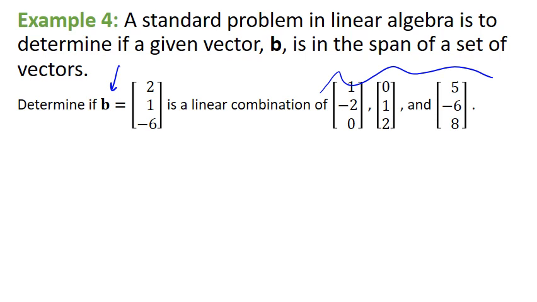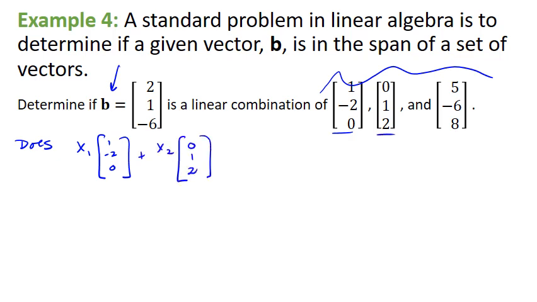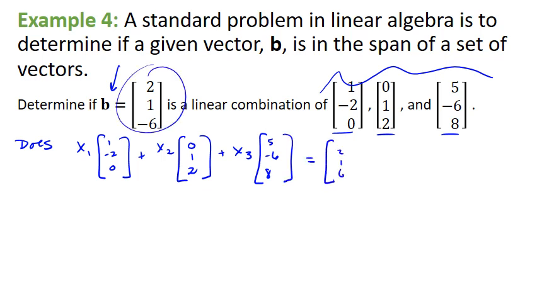In other words, does the following occur? Does x1 times this vector plus x2 times this vector plus x3 times this vector equal vector B?